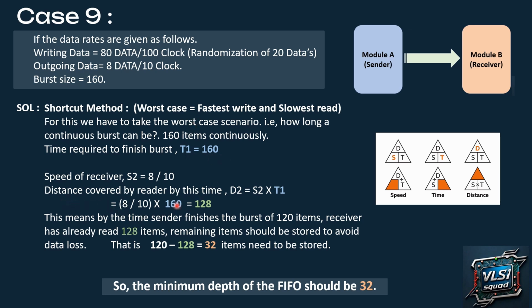So distance covered by the receiver by the time the sender sends 160 data items will be distance is speed into time, again 8 by 10 into 160, that is 128 data items. So 128 data items are successfully read by the receiver by the time the sender sends 160 data items. So what are the remaining 32 data items? These should be stored in a FIFO, and that will be the minimum size of the FIFO.